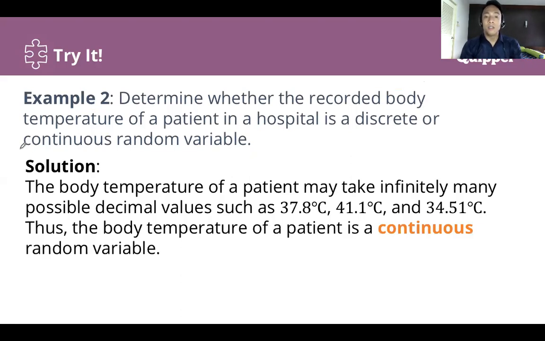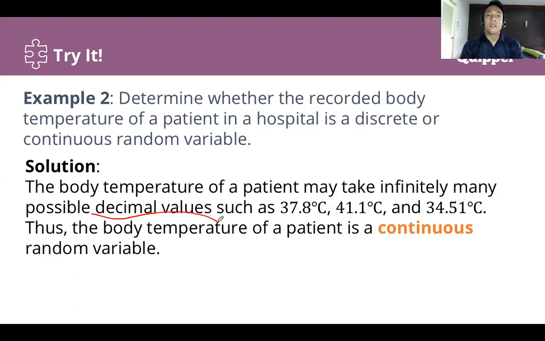The body temperature of a patient may take infinitely many possible decimal values. Okay? Decimal values such as 37.8, 41.1, 34.51. Kapag you are a suspect for COVID, you must have 38 point and up, I think, or 37.8 up. Okay? So may kanong body temperature, ay Diyos ko.